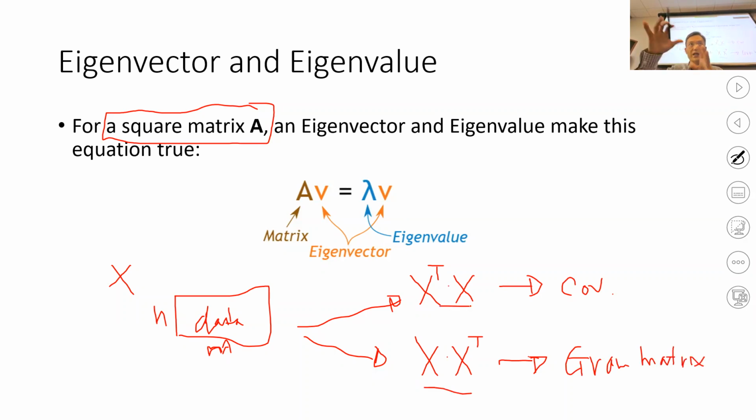If you do this, you always make a squared matrix, and then you can use eigen decomposition to search for eigenvalues and eigenvectors.